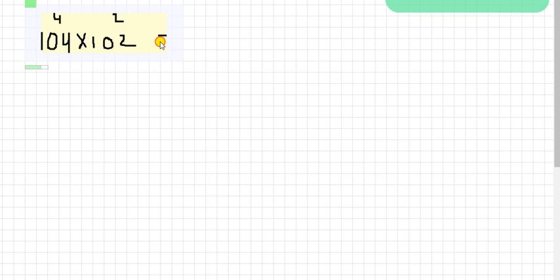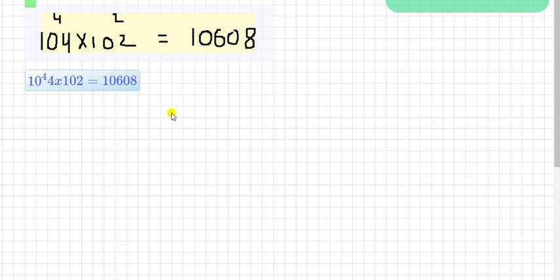We multiply 4 into 2, that is 8, but we write two digits, so 0 and 8. Then we add 104 with 2, that is 106. So when 104 is multiplied with 102, we get 10608.